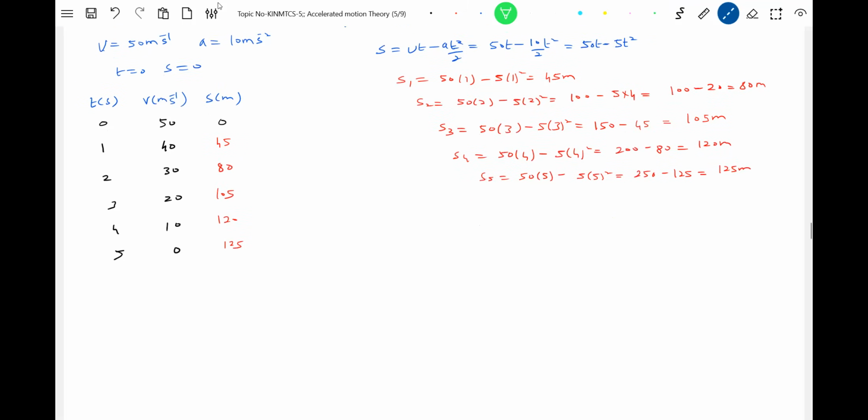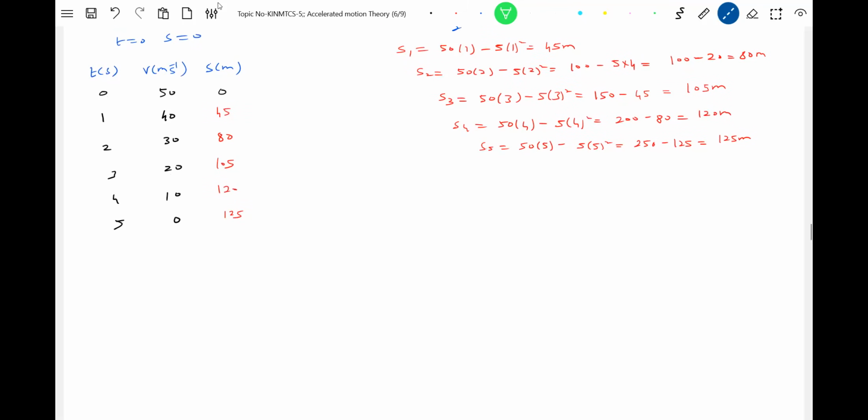Again, the same. s equal to, t equal to 0, s will be 0. In the first 1 second, it will move 45 meters.